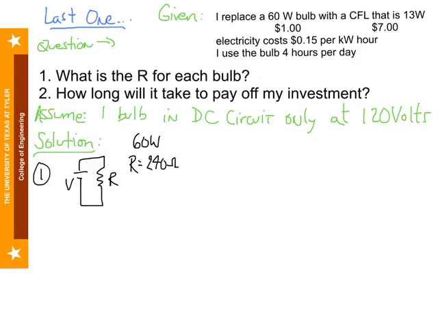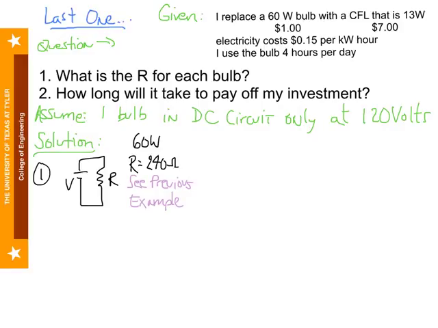We already calculated the resistance of that light bulb. 60 watt bulb in a 120 volt circuit. The resistance is 240 ohms. And I'm just going to see the previous example here.